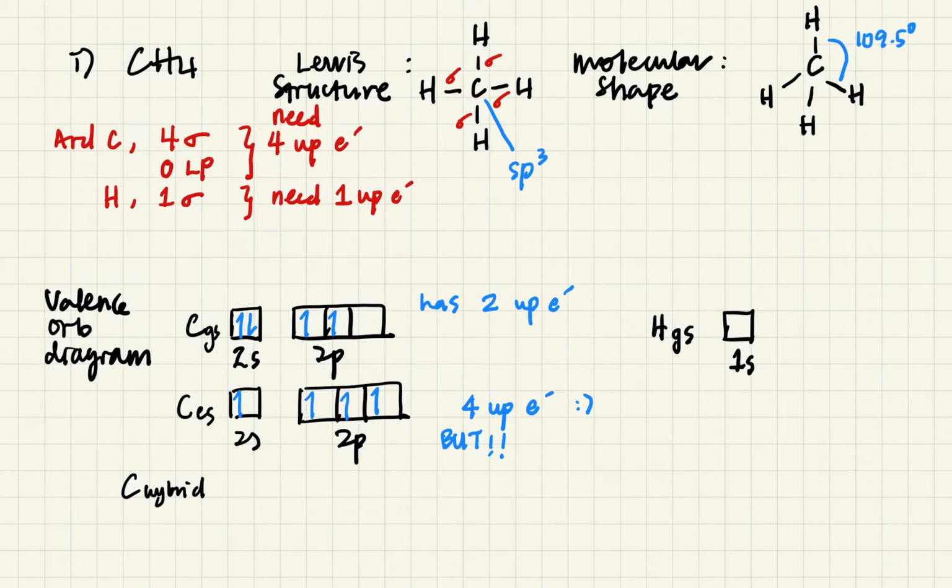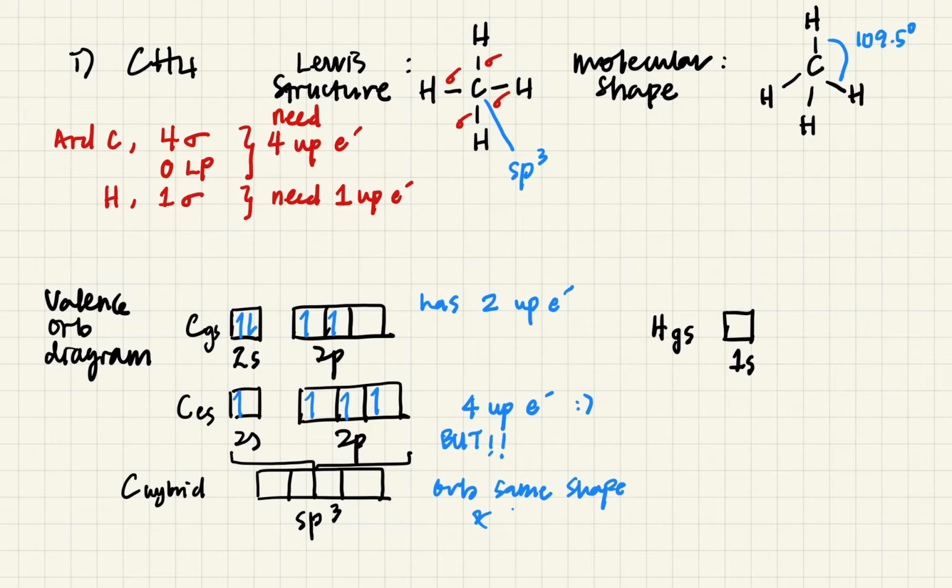Mix these 4 atomic orbitals, and you will get back 4 hybrid orbitals. Okay, so the name of your orbitals will be sp3. Okay, now we have orbitals of the same shape and energy.